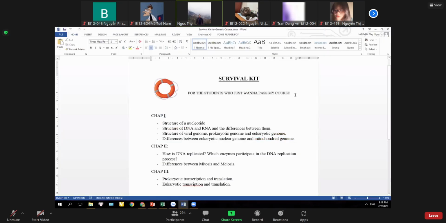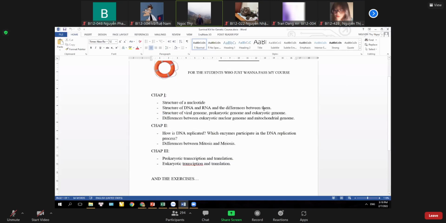So if you don't want to waste time with my course, just focus on the following chapters and points. For example, in chapter 1, you only have to study the structure of a nucleotide. What is the structure of DNA and RNA, and the differences between them?